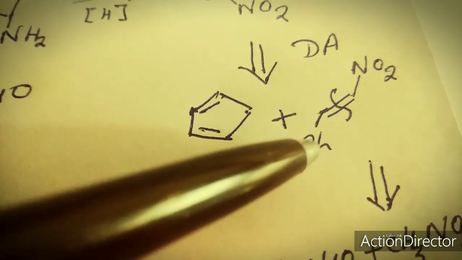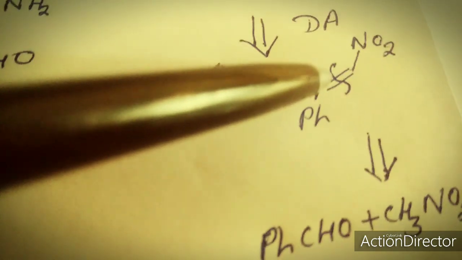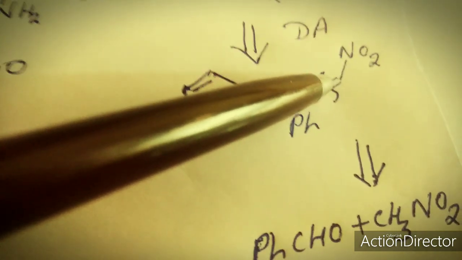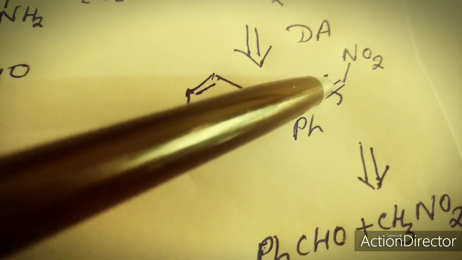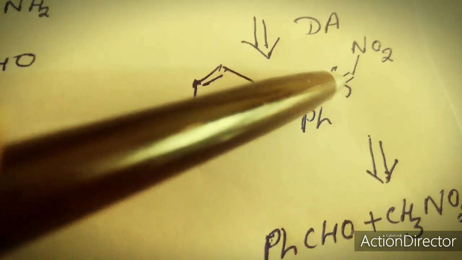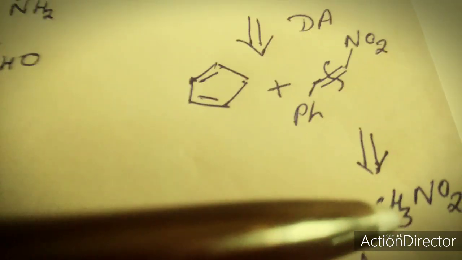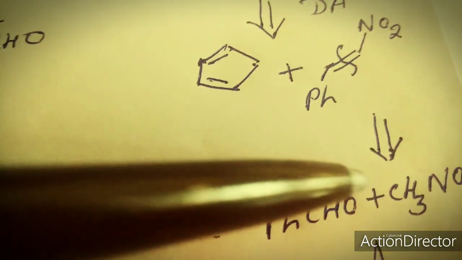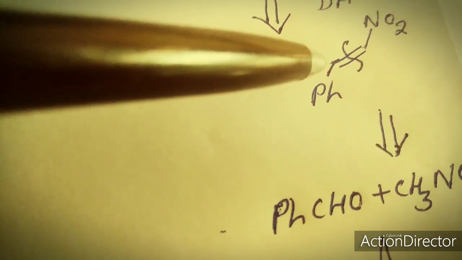So we will get C6H5CH double bond O, and the other end will be one carbon. So the nitro compound for that is nitromethane, CH3NO2. We have to think of the reverse, it can then form the double bond with H2O given off.